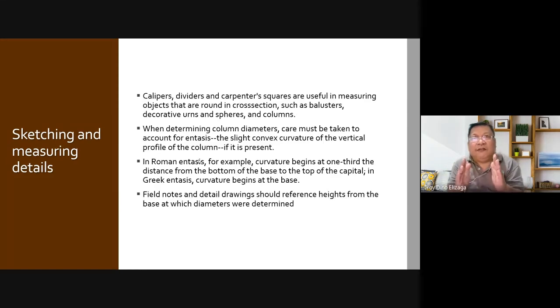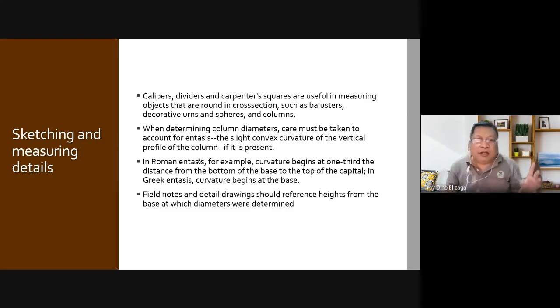If it is straight, when we look at it from the bottom, our eyes would bend it inwards. So therefore, they designed the actual columns with bulging, so that when we look at it from the bottom, it looks straight.